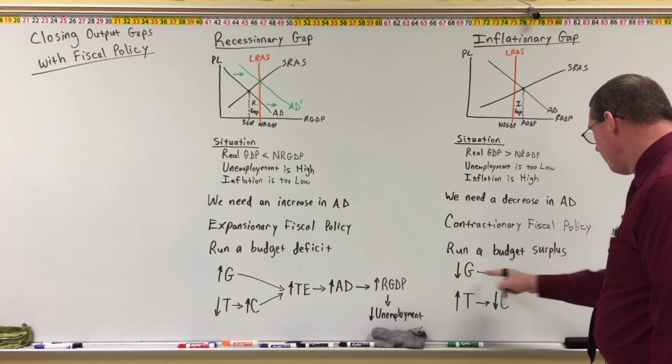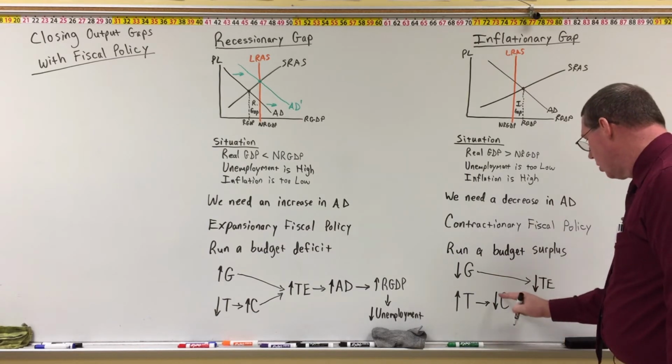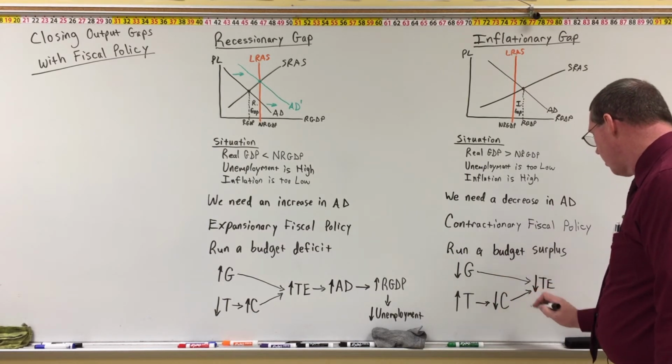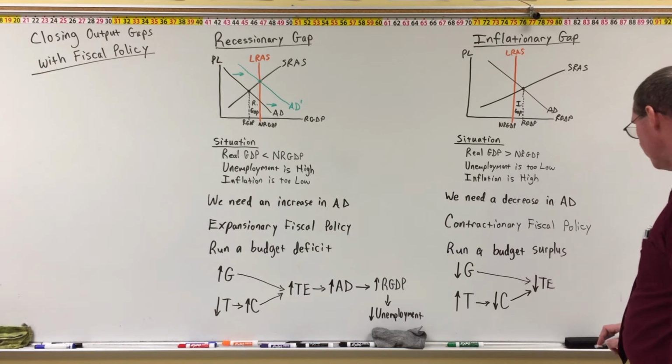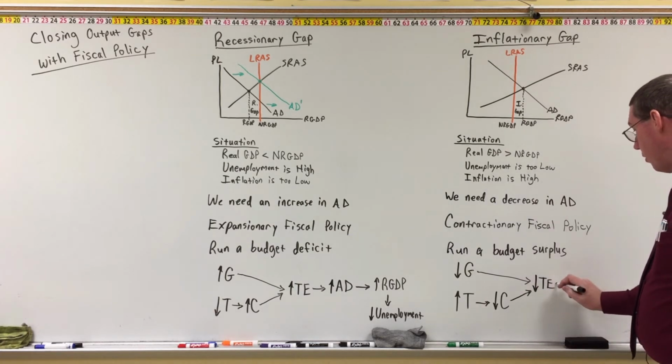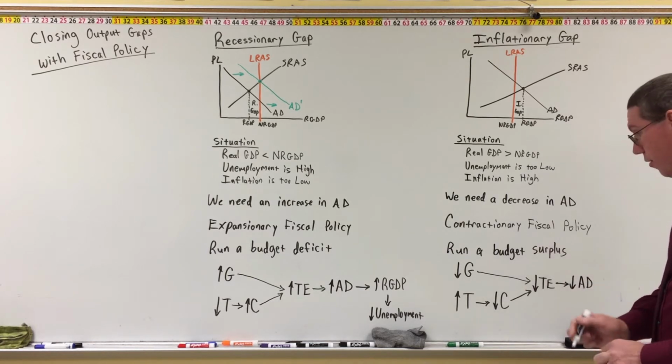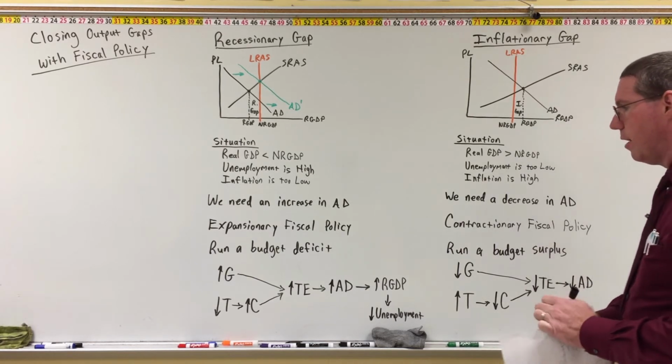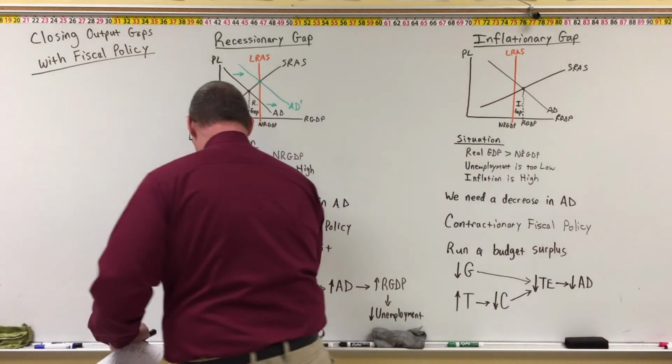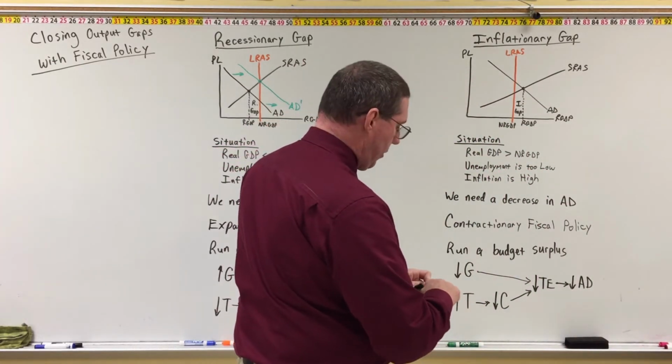So decrease in government spending leads to a decrease in total expenditure. Decrease in consumption leads to a decrease in total expenditure. A decrease in total expenditure will result in a decrease in aggregate demand. And a decrease in aggregate demand is indicated by a leftward shift of the aggregate demand curve.